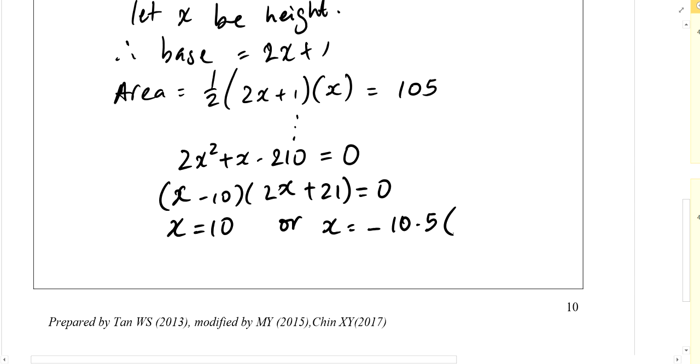So this has to be rejected, because the height cannot be negative. Okay? So the height equals 10 cm.